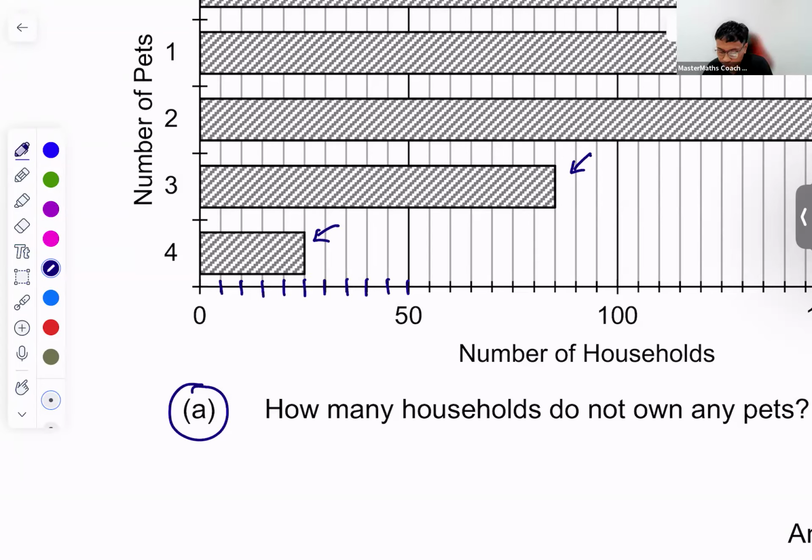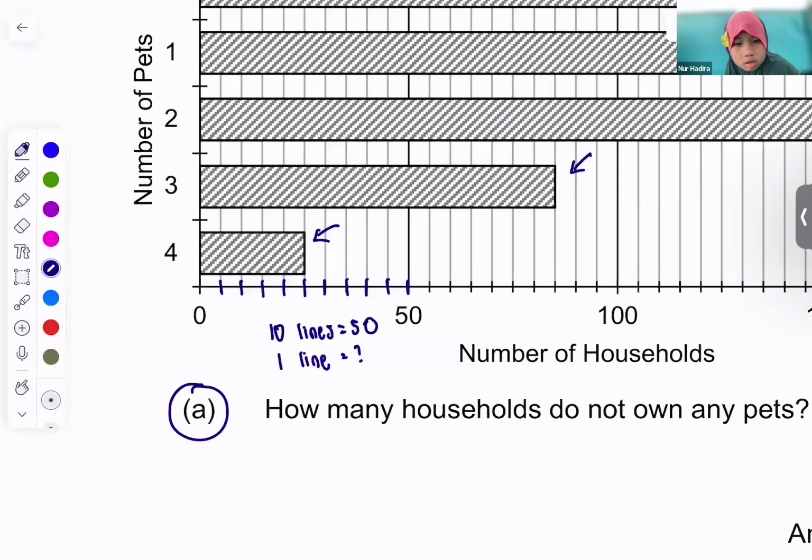Okay, so 10. After 10 blocks or 10 lines, it goes from 0 to 50. If 10 lines is equal to 50, what is one line?